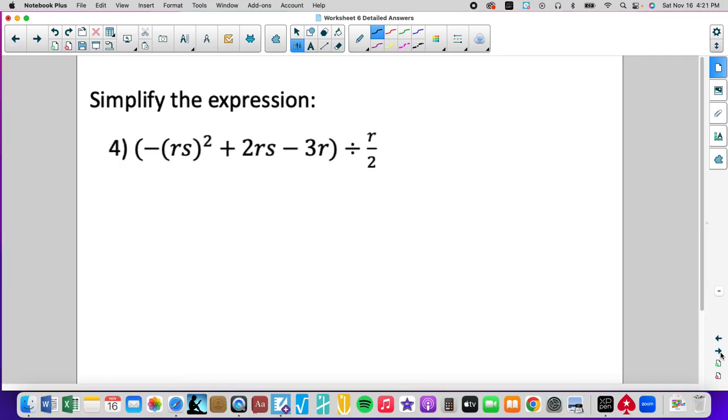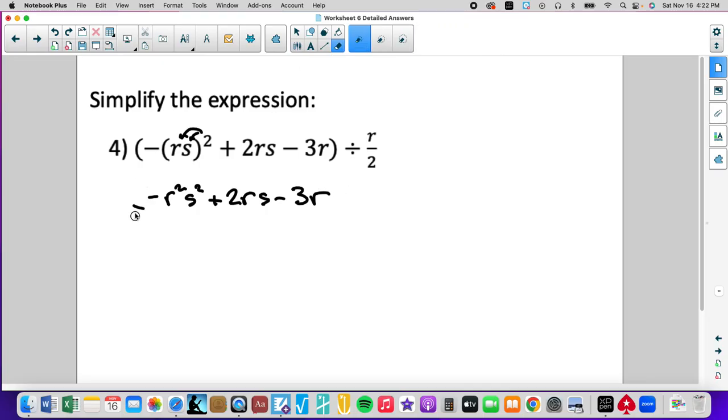All right, simplify the expression. So we're going to square this. This is the opposite of r squared s squared. We can distribute exponents into parentheses. Plus 2rs minus 3r. We'll keep the parentheses.